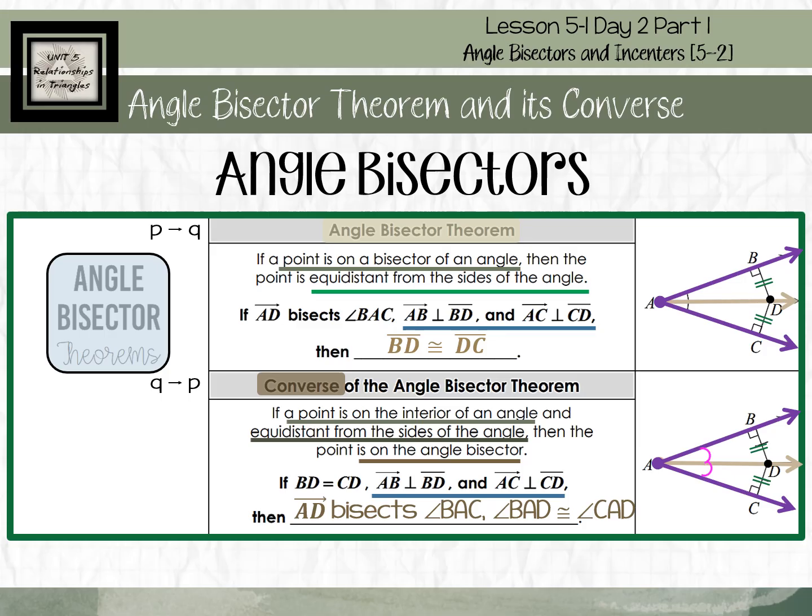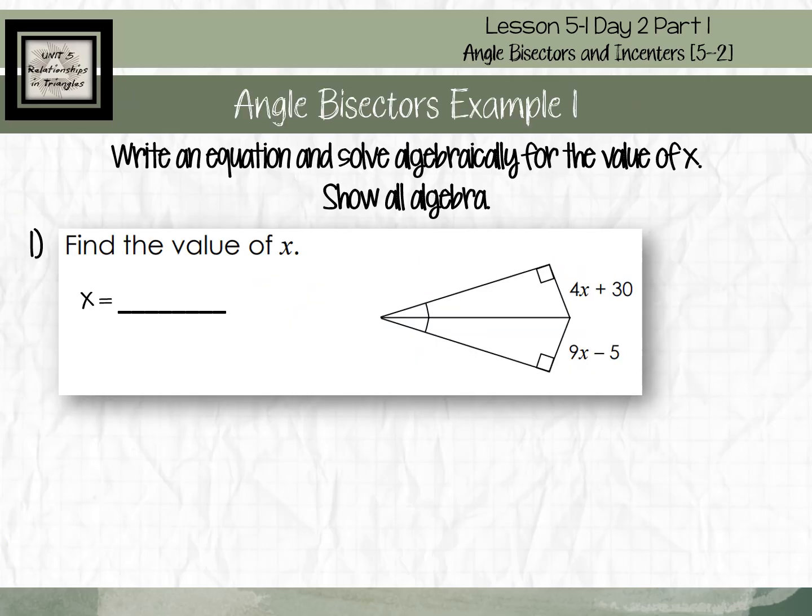If the length of segment BD is equal to the length of segment CD, ray AB is perpendicular to segment BD and ray AC is perpendicular to segment CD, then ray AD bisects angle BAC and angle BAD is congruent to angle CAD.